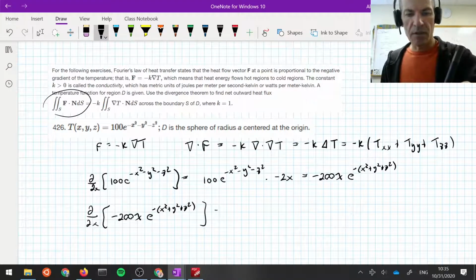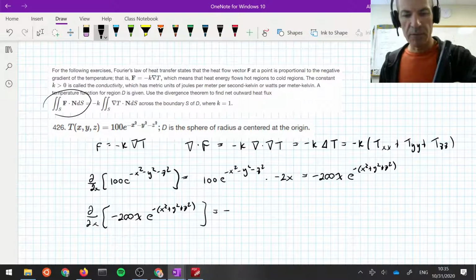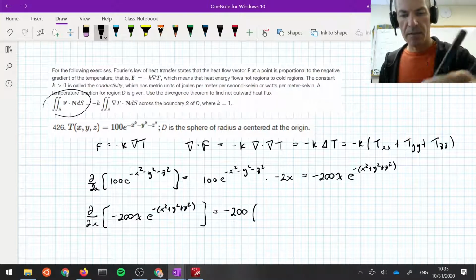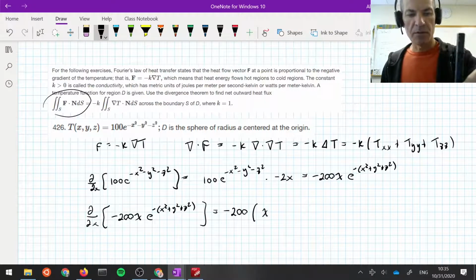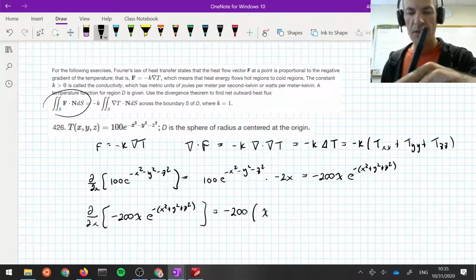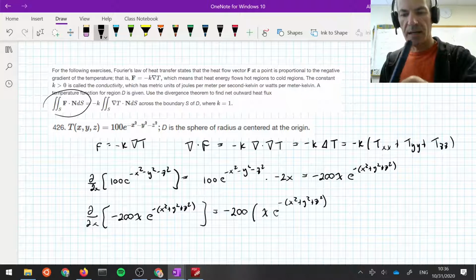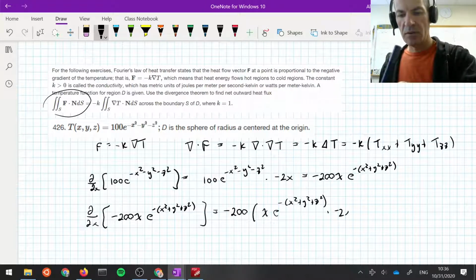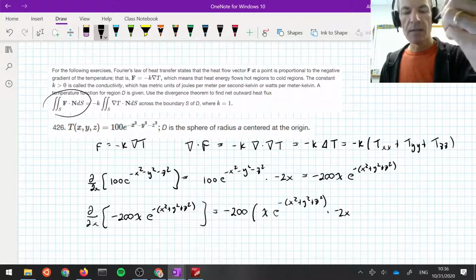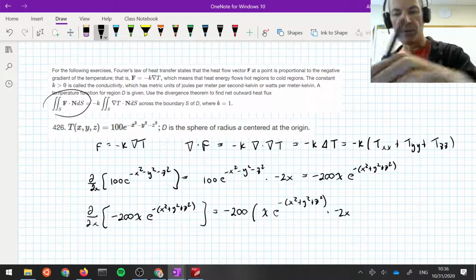And that's going to involve a little bit of quotient rule. So we get minus 200 times the quantity x times the derivative of e to the minus x squared plus y squared plus z squared, so that's going to be e to the minus x squared plus y squared plus z squared times negative 2x, plus the second times the derivative of the first.